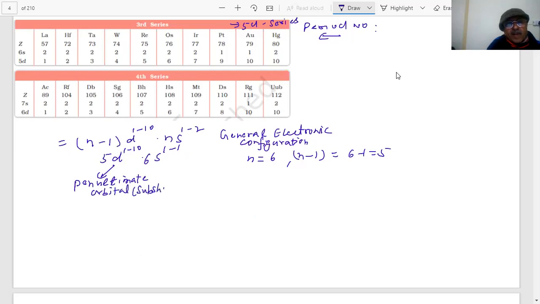This is N, the outermost orbital or outermost subshell. See the difference? This is called the penultimate orbital. So this is N minus 1 D, so the period number has to be 6, students. This is coming to the 6th period.